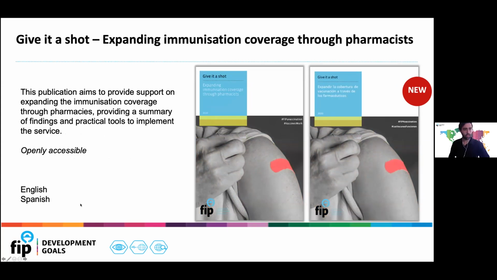The following publication is called Give It a Shot, which is a shorter version of the previous advocacy toolkit. This one is openly accessible, and it's more of a summary of findings and practical tools that you can also find and use for your work at the national level, and it's also available in Spanish.